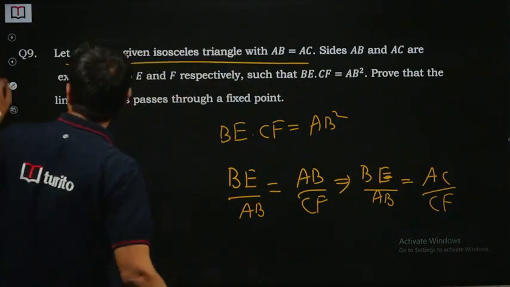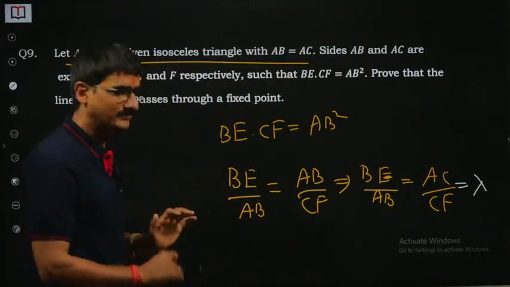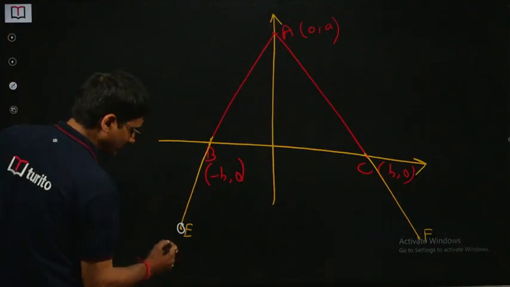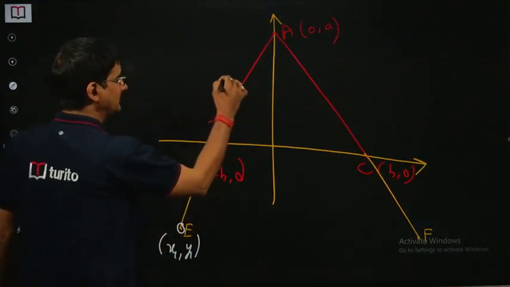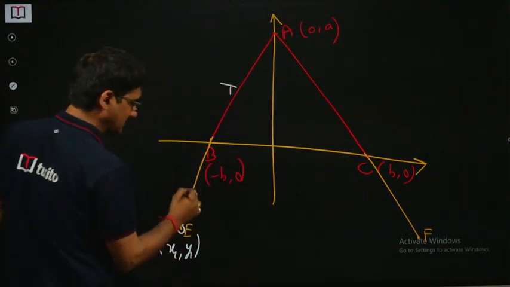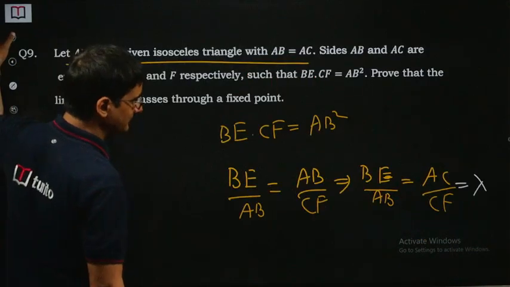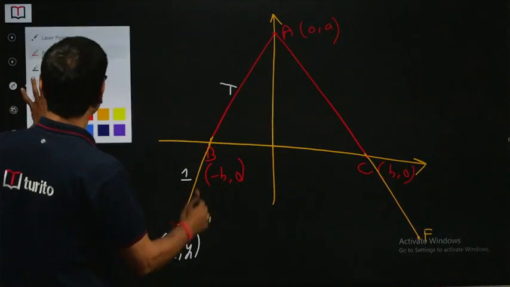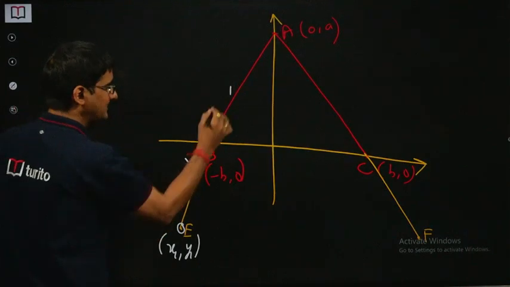So B divides this, and let this be lambda. And this point be x1 comma y1. Rather, I think BE is to AB. I'm sorry, yeah, it has to be in the reverse case. BE is to AB, so this is lambda is to 1.